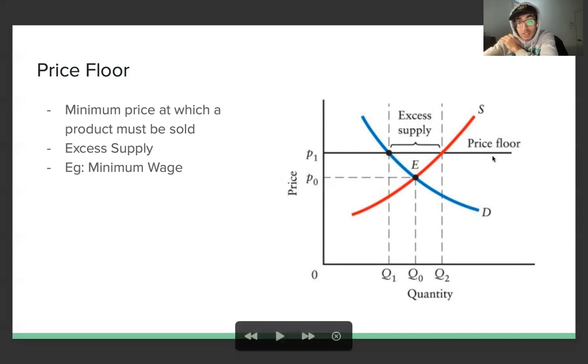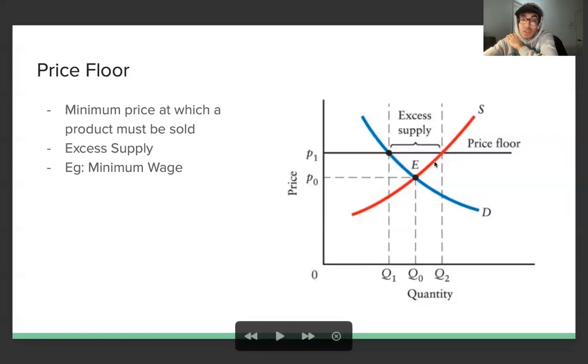So I cannot function at any of the prices below P1. It's kind of like a floor. You can't go below a floor. So following that logic, you have to function on at least P1. And as we saw earlier, functioning above the equilibrium would lead to an excess supply situation.